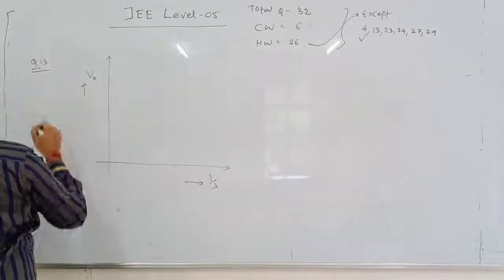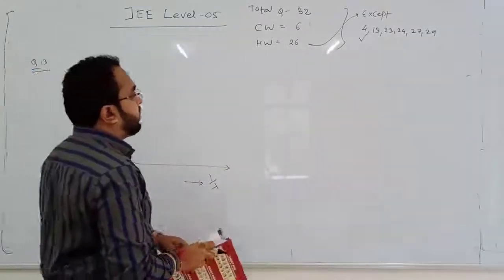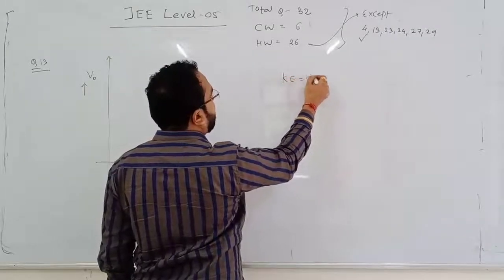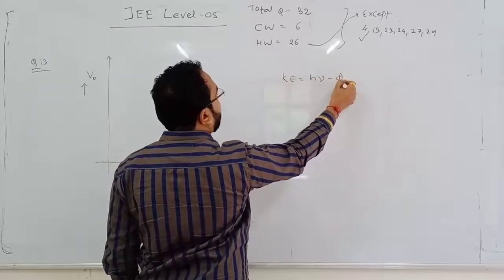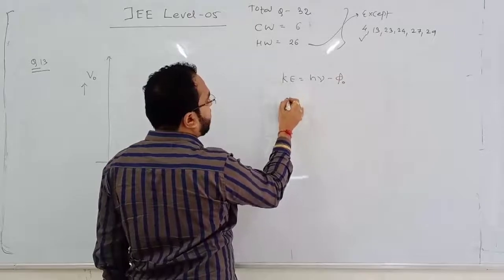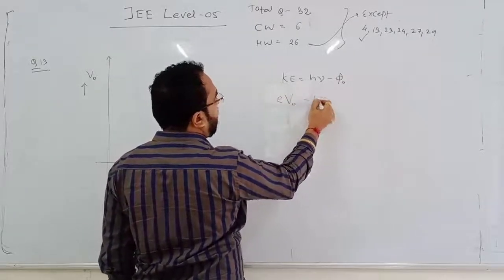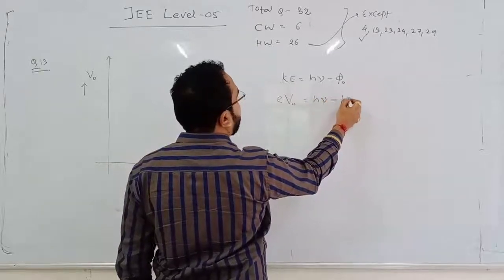Question number 13. Do you know what is Einstein's equation? Kinetic energy is equal to h mu minus phi naught. We derive this further. We write e into stopping potential is equal to h mu minus h mu naught.